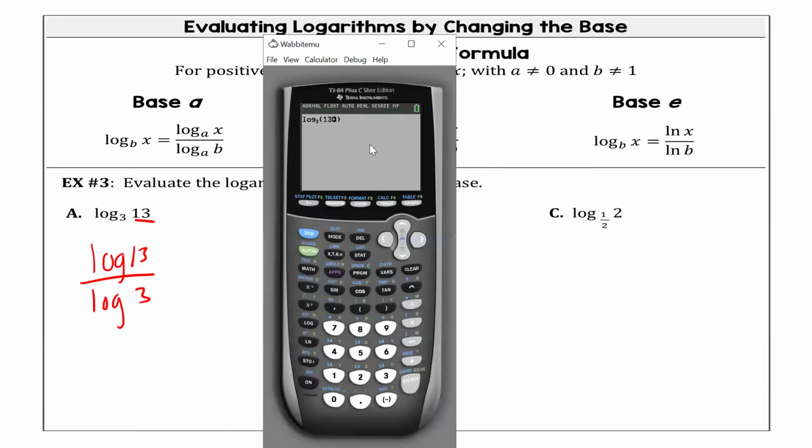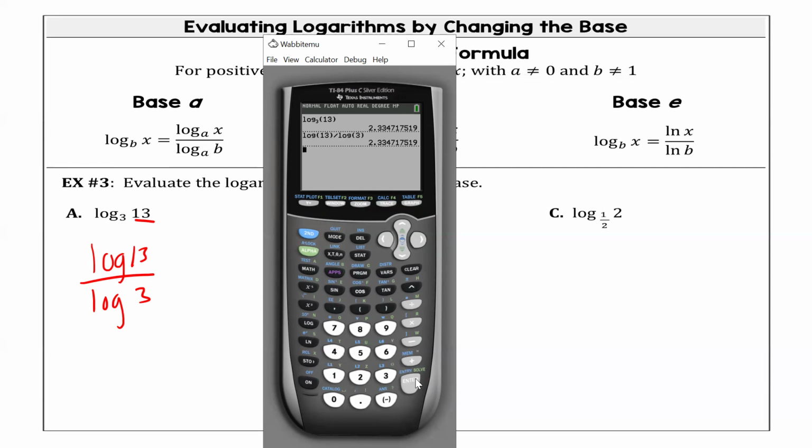Does that make sense? On the what? No, we cannot. Okay. Nice try though. Log of 13 divided by log of 3. And oh my gosh, it's still going to be the same. That's the whole purpose of this.